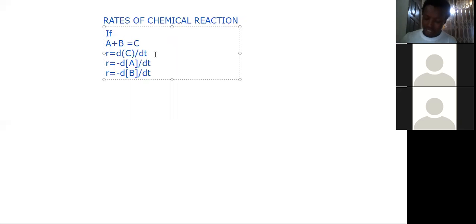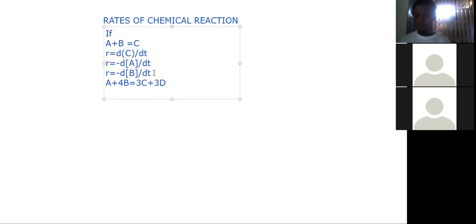Now, let us see if they are given in moles. So let's say we are given something like this, for example A plus 4B is equal to 3C plus 3D.